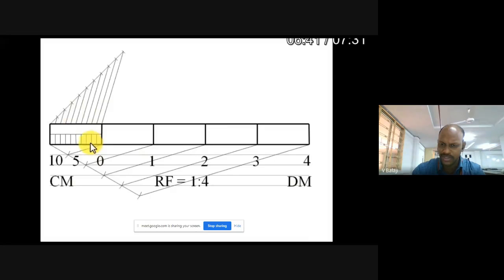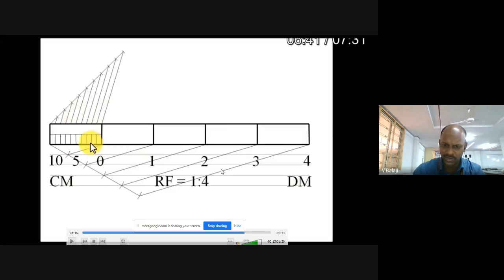Here you understand one more important thing: why we have subdivided only the first part into 10 equal parts. Why have we not made any parts to the right hand side of the 0 mark? Because we are not interested. These are the main units: 1 decimeter, 2 decimeter, 3 decimeter, 4 decimeter.